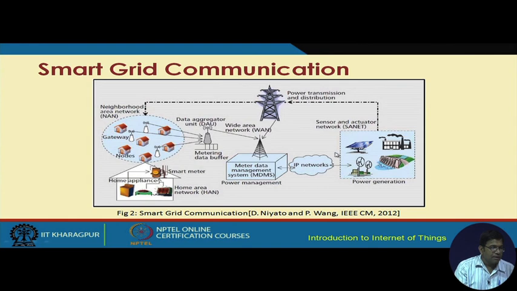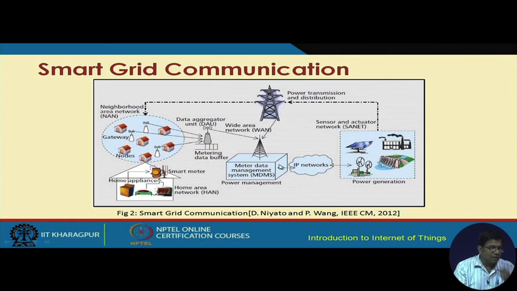As we have seen, we have two types of flows. One is the flow of energy, the other is the flow of information. So, we have the traditional flow of power or energy, the electricity, and we have the additional information flow.